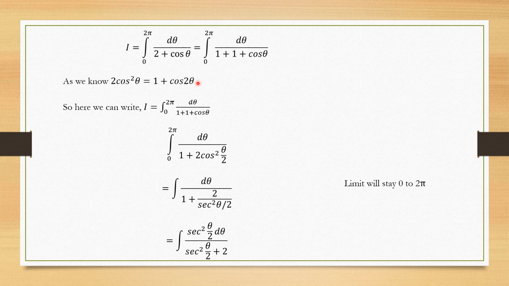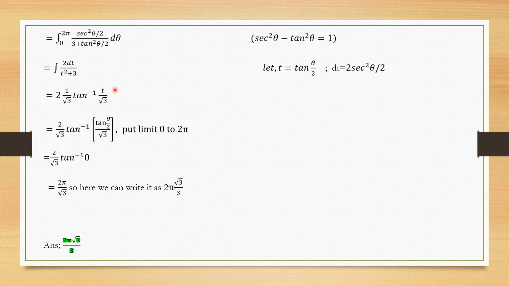So we can write it as integral from 0 to 2π of dθ/(1 + 2cos²(θ/2)), because here our 2θ value is θ, so we can write the θ value as θ/2. By proceeding to the next step, we can find it as the integration from 0 to 2π of sec²(θ/2) divided by (3 + tan²(θ/2)) dθ.